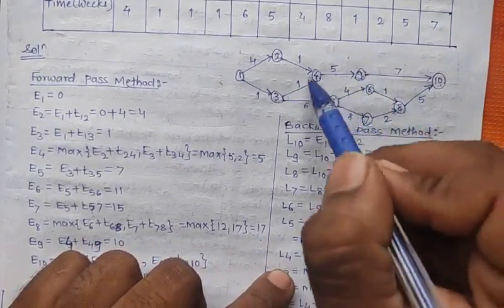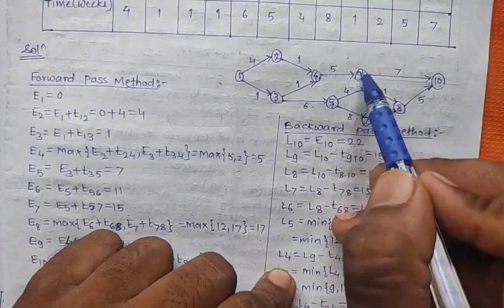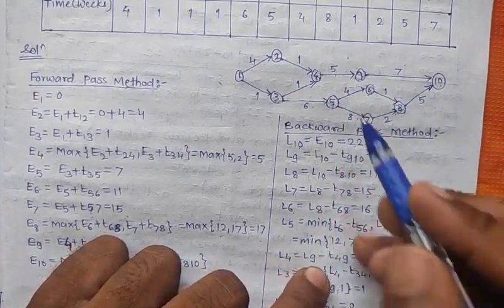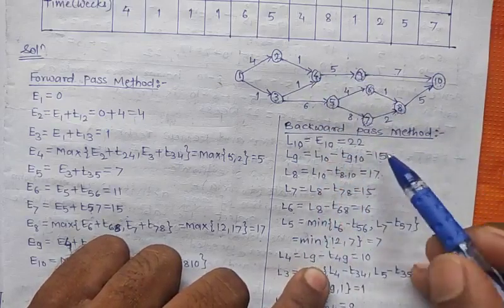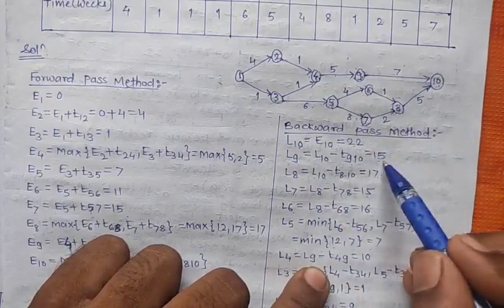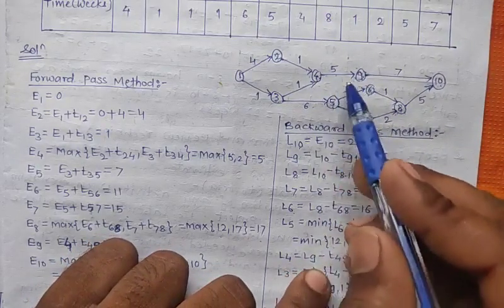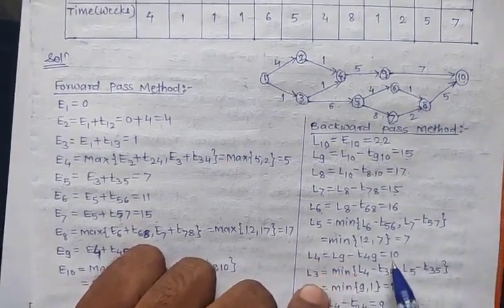Now to calculate L4, there is only one outgoing arrow to the 9th event. So L9 minus T49. L9 has value 15 minus 5, which is equal to 10.